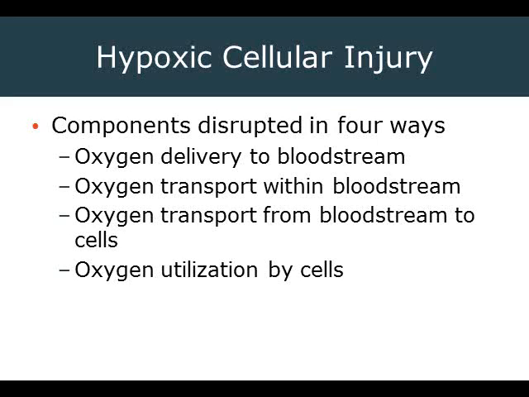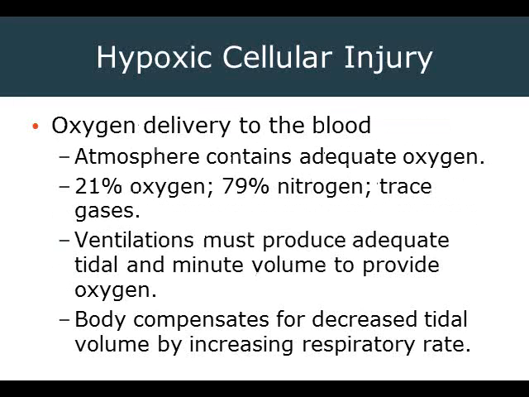Oxygen transport from the bloodstream to the cells has somewhat to do with the cardiovascular system, but it also has to do with just the cellular environment of how it can move things around. And then oxygen utilization by the cells. We have to have all of the right components in place at the cellular level in order for that to happen. So oxygen delivery to the blood.